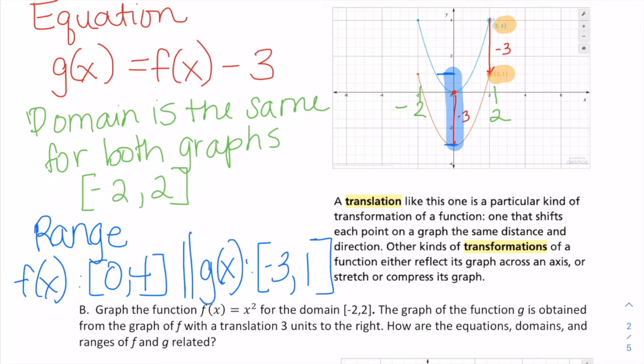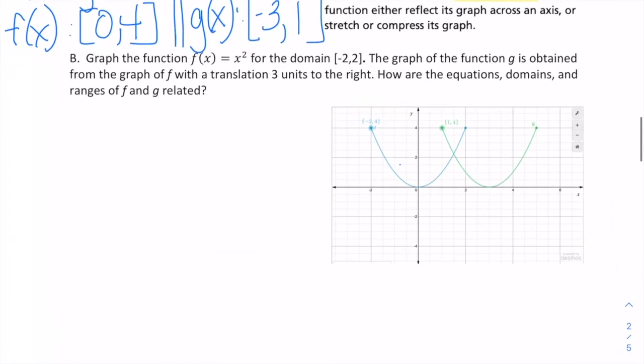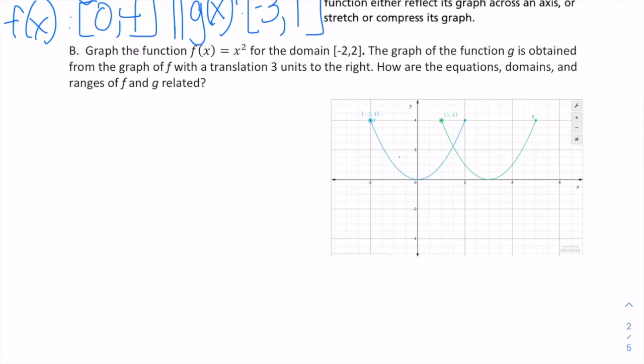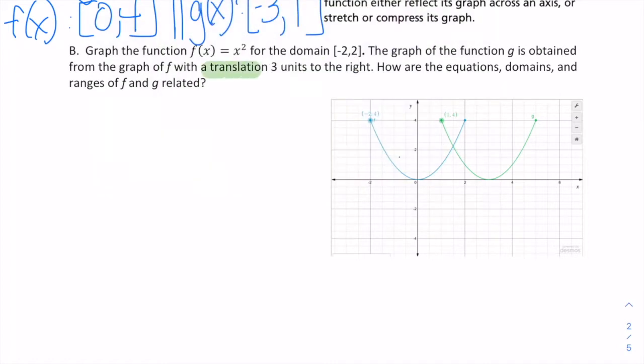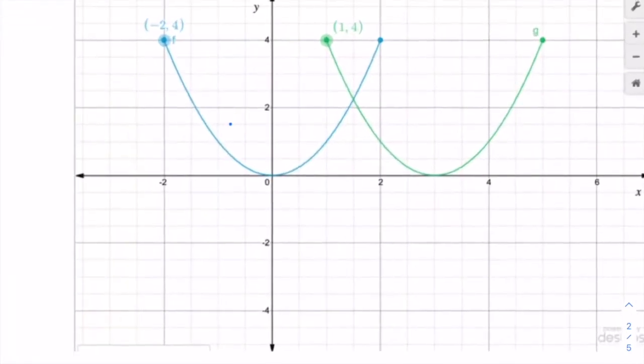Now let's go to the shift to the right and left. So here we have the graph still f of x equals x squared. That's our parent function. And it says the translation is going to be 3 units to the right. So 3 units to the right. So what happens is the points move.